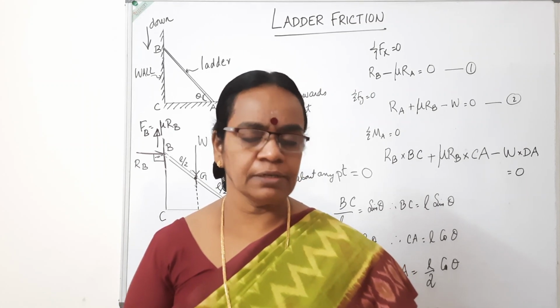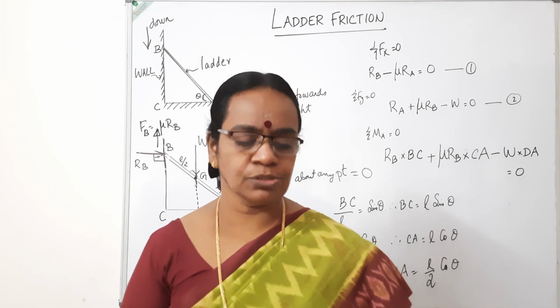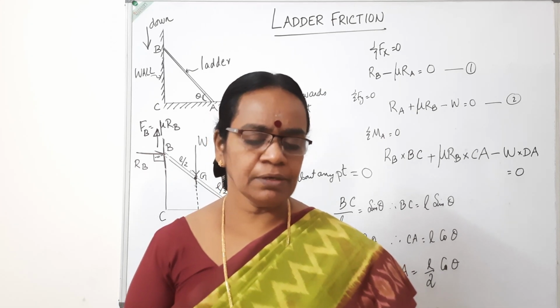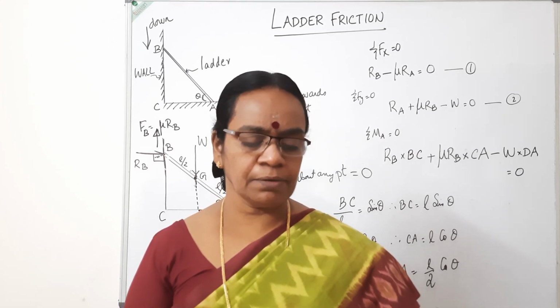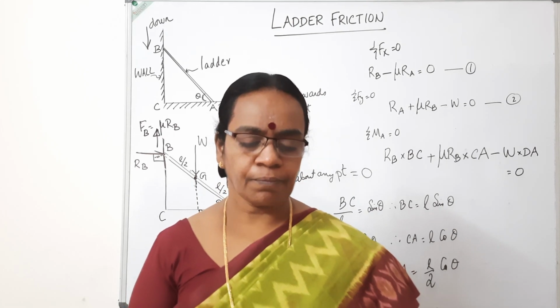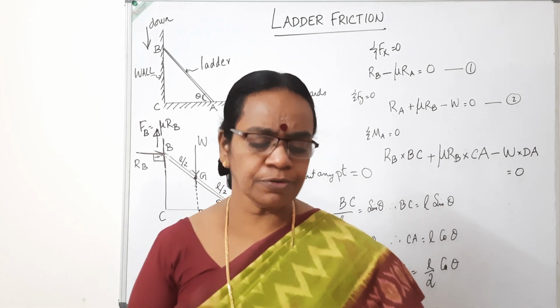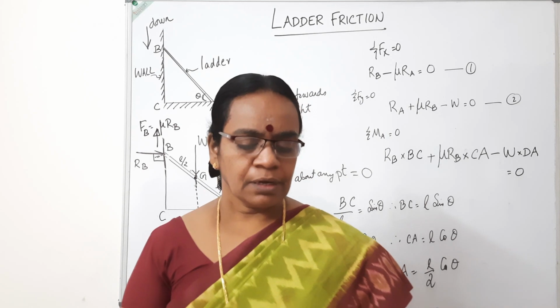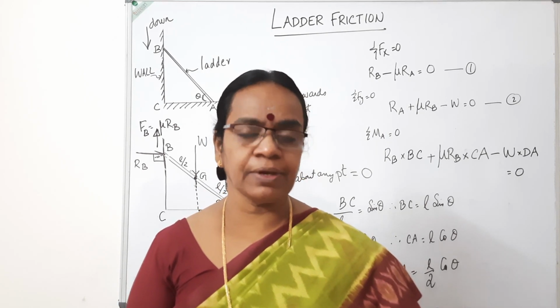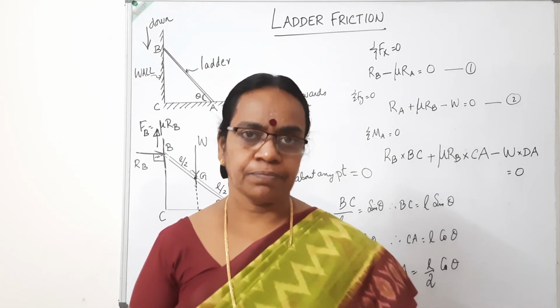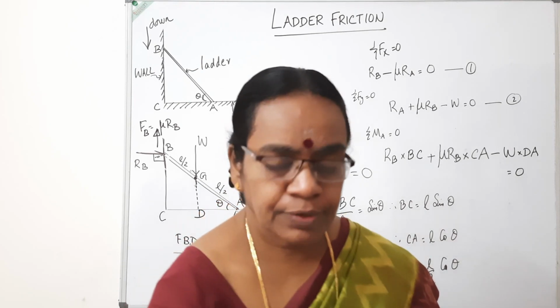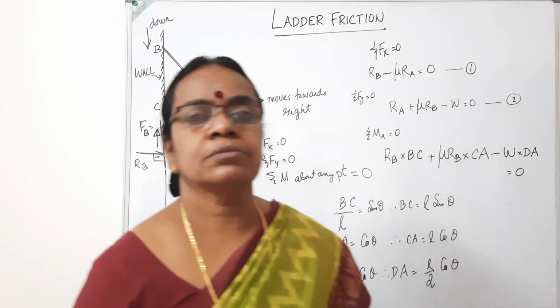In this position, the ladder is just about to slip. Determine the coefficient of friction between the ladder and the floor, and the frictional force acting on the ladder at the point of contact between the ladder and the floor. So we can see how to solve this.